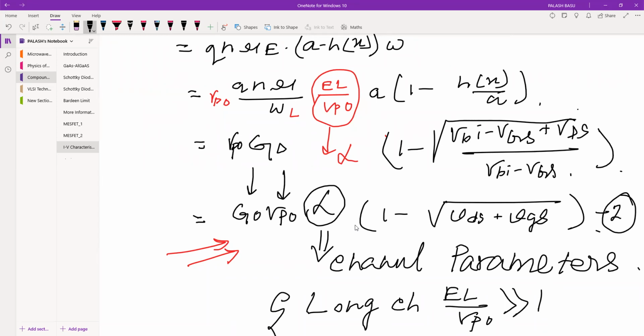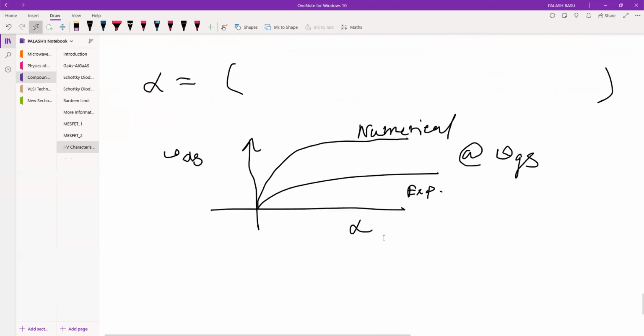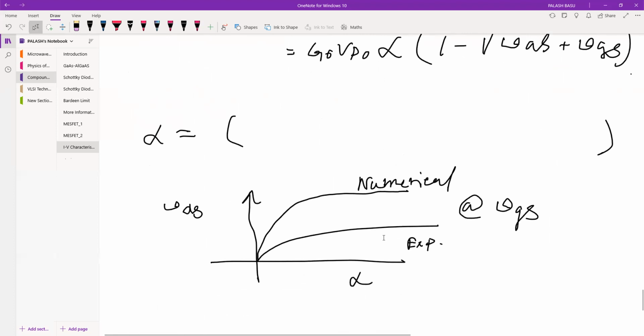Then for a constant UGS, you are throwing different values of UDS. For a particular UGS, you are throwing different values of UDS and trying to measure alpha, or vice versa. You are throwing different values of alpha and trying to measure UDS. And that is actually called the numerical part. So that they have done, and then they asked what is the best curve fitting for it.